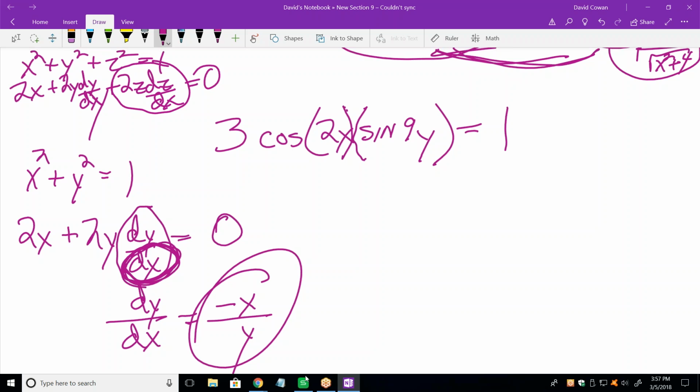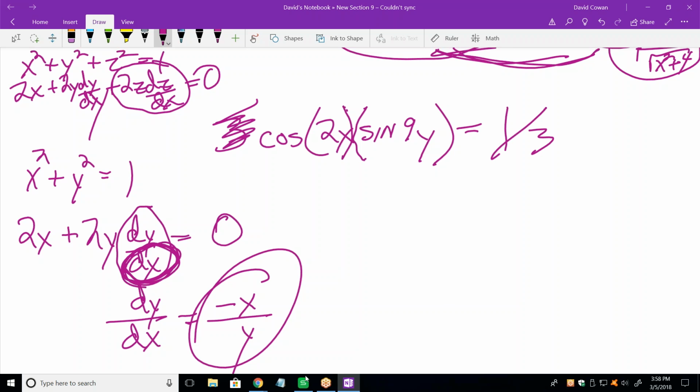What's the first thing I can do before I do anything? Let's get rid of that 3. It's simple enough to do. I can divide both sides by 3. Okay, so now we've got that.